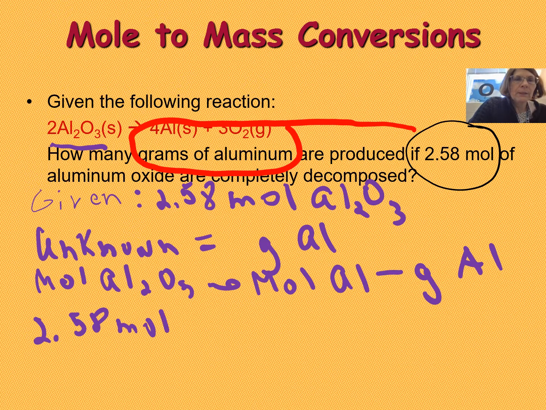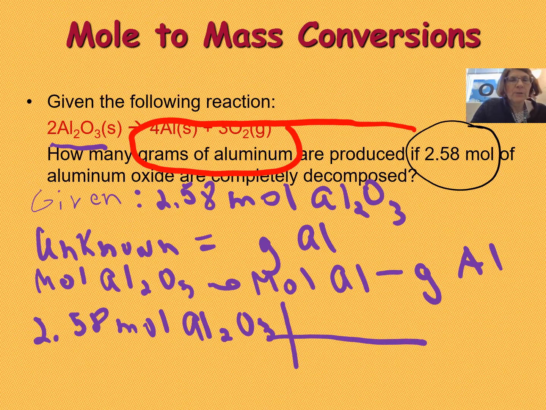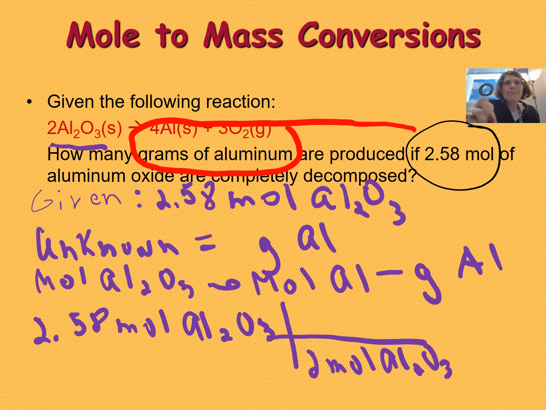So let's start with the 2.58 moles of aluminum oxide. So we're going to do stoichiometry, which means we're going to set it up like the tree method. So our conversion to go moles to moles means the moles of what we started with, which is the 2 moles of Al2O3, going to moles of aluminum.